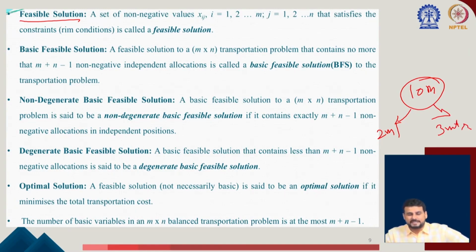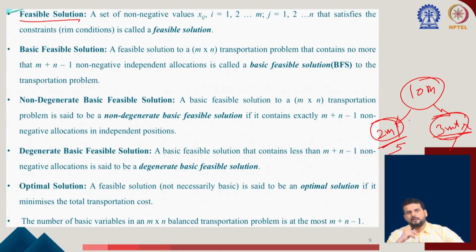Now the decision I need to make: per shirt maybe 5 rupees is the profit, and per trouser maybe 7 rupees is the profit. So I need to decide how many shirts and how many trousers to make, so that the total cost can be minimized and profit can be maximized, right?